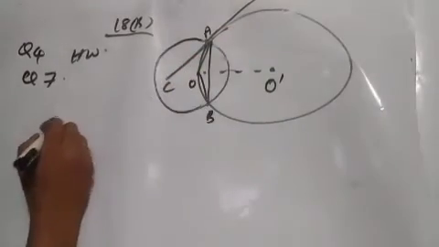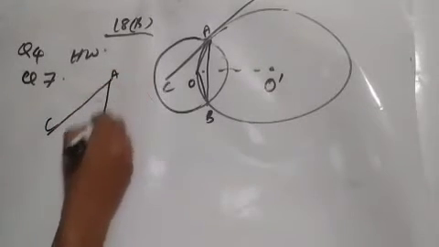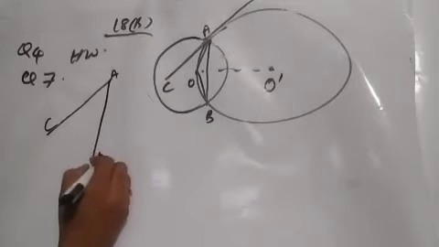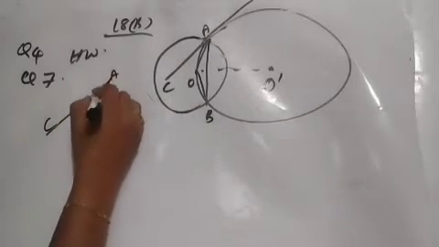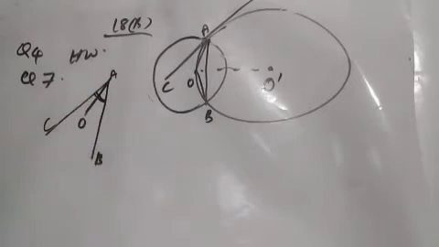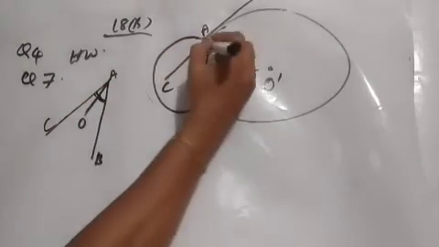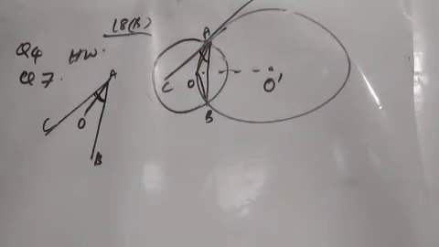We have to show that OA, this portion. So let us draw it one more time. C, A, and this is B. Here is O. OA bisects this angle. That means these two portions are equal. We have to prove. Understood? These two angular portions are equal. That we have to prove.